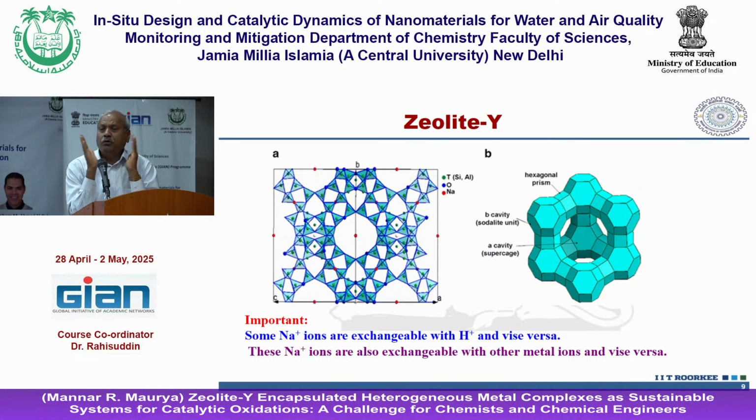And then if you have a little bit concentrated solution of any metal ion in simple distilled water, you dump in your zeolite, add the metal salt, stir it maybe for 24 hours, and you will find that most of the sodium ions are replaced by the metal ion. Now you have a transition metal exchanged zeolite. Now the metal ion is available.